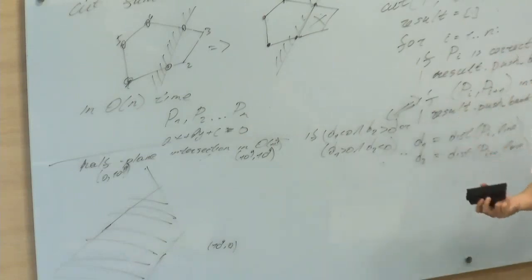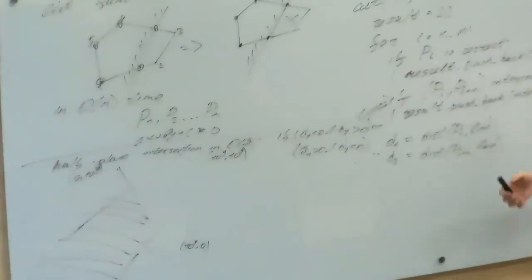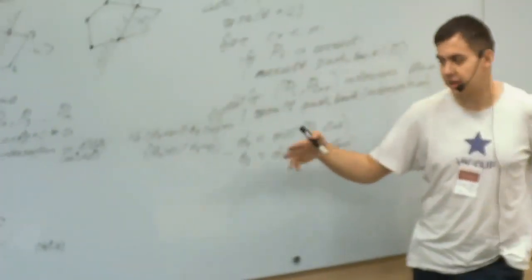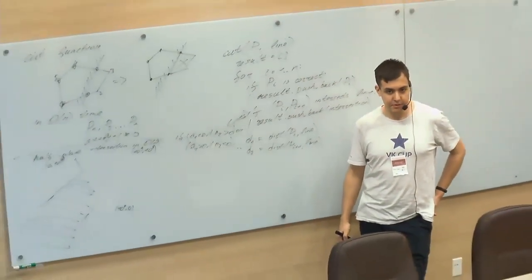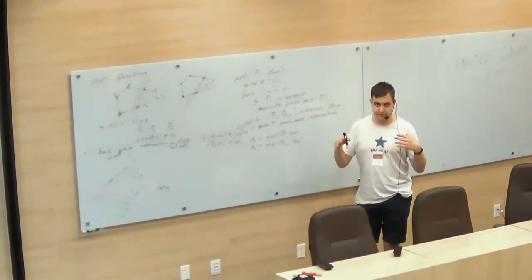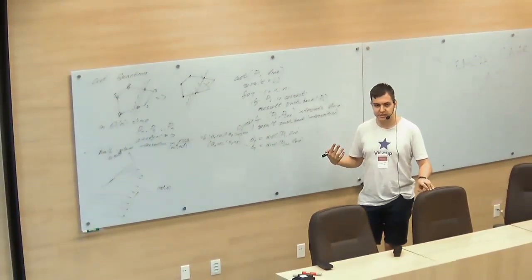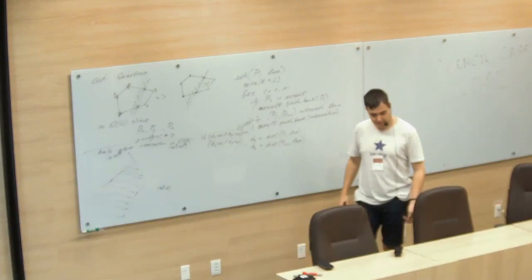So that's a very easy algorithm to implement, and this cut function is useful in a lot of different applications. So, for example, you can intersect two convex polygons in n² time. Like find an area of an intersection, or maybe do something else.